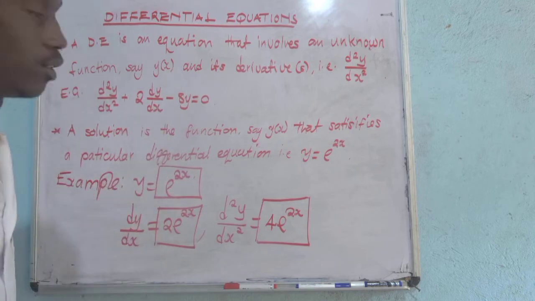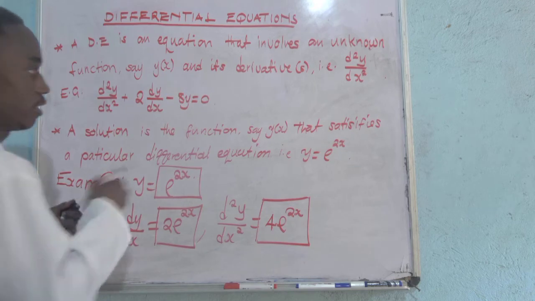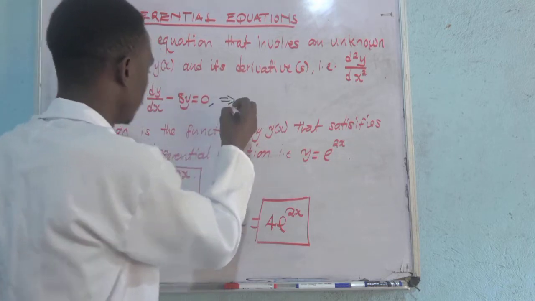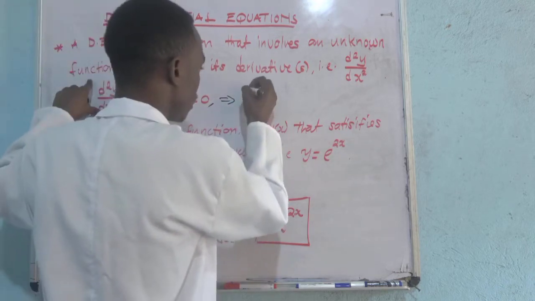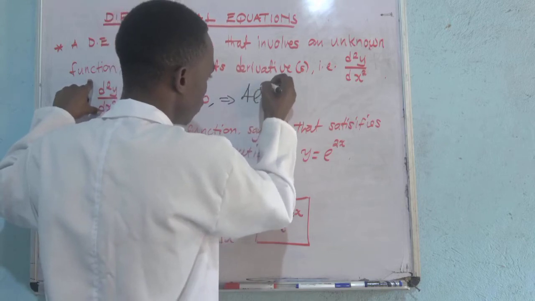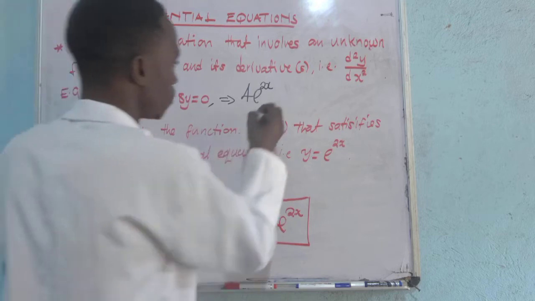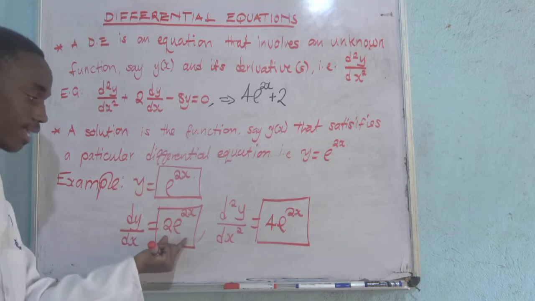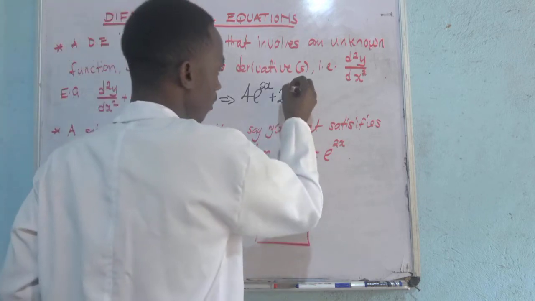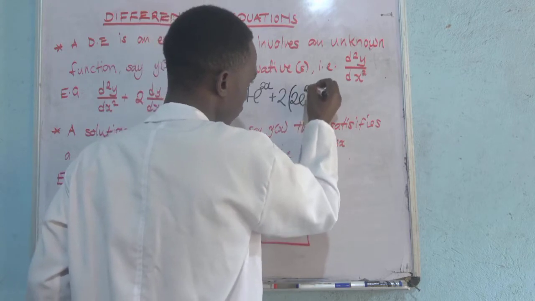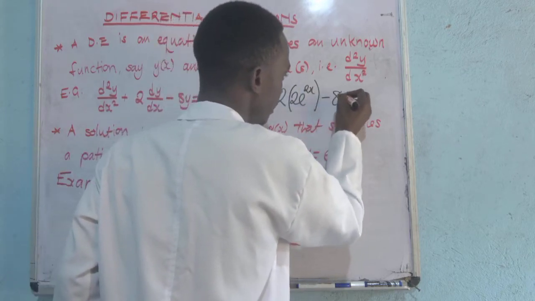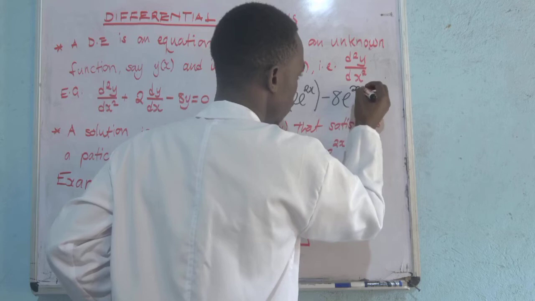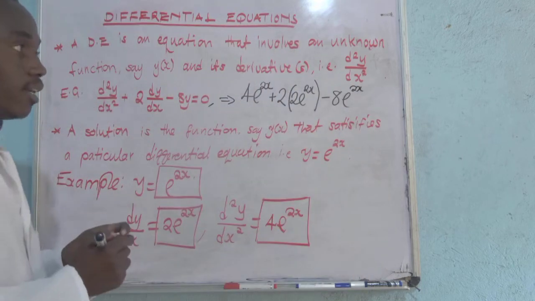I'm going to use a different marker here so that we see something. The second derivative, which is 4e^(2x), plus 2 times the first derivative. Multiplying this by 2, that would be a 4e^(2x). Then minus 8 times the function y, and y is e^(2x).